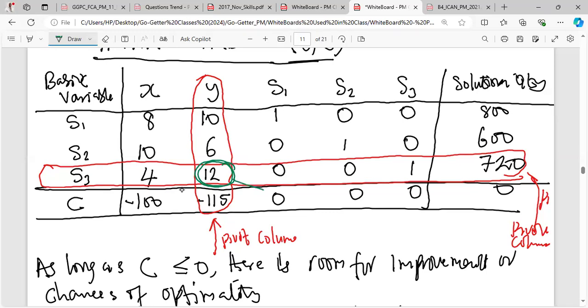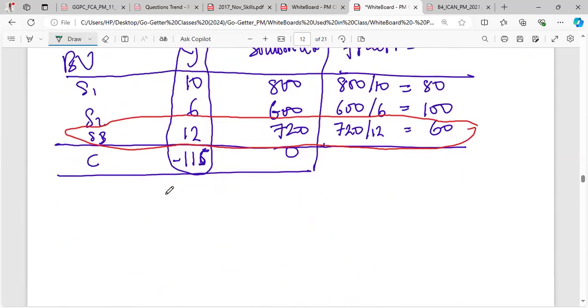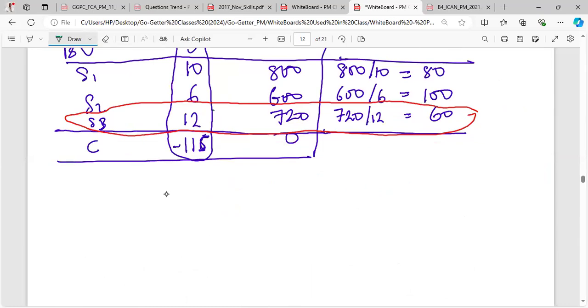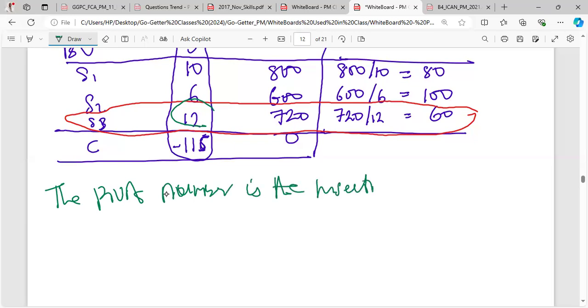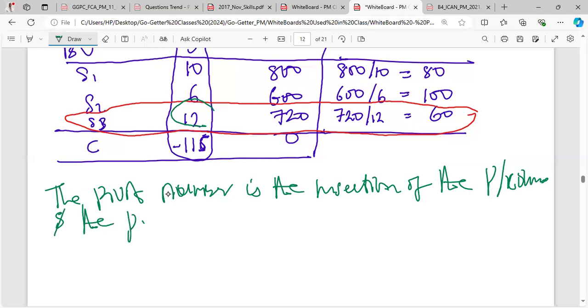It is called the pivot number. The pivot number is the intersection of the pivot column and the pivot row.